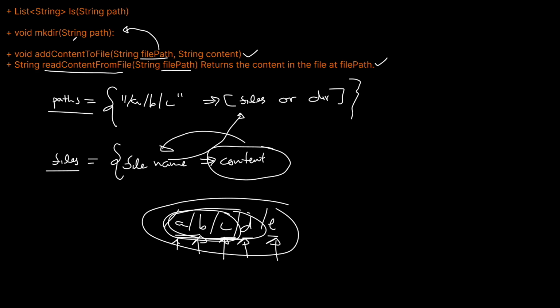But remember that when we return from ls, one thing that the problem told us is that our output actually needs to be in lexicographic order. So basically, we need to maintain our items in each directory in this paths dictionary as a sorted list. So that means that when we have to insert a new file or directory into this existing list, it has to be sorted.